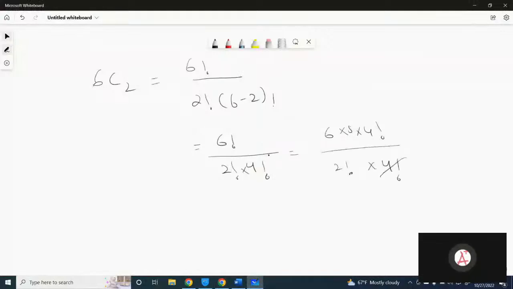So you can cancel out 4 factorial and 4 factorial, and 6 over 2, we are left with 5 times 3. 6 times 5 is 30, and 30 over 2 is 15. Got it?